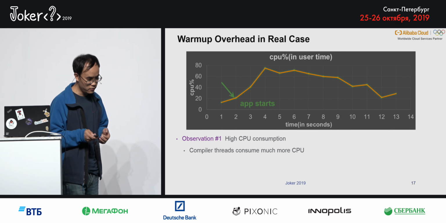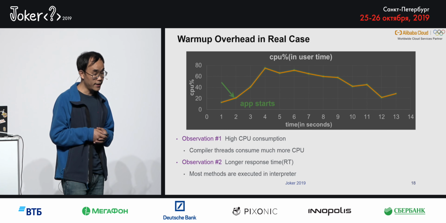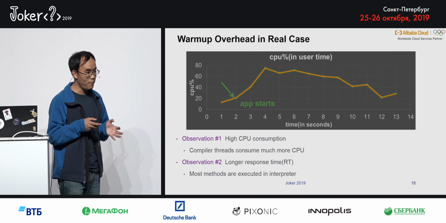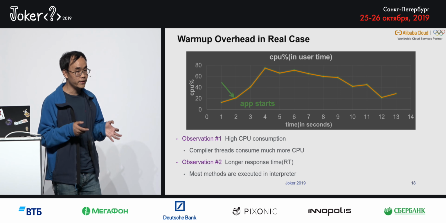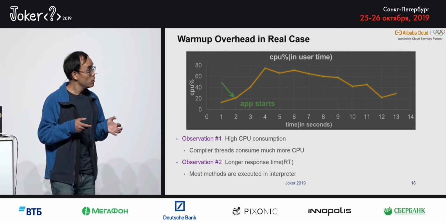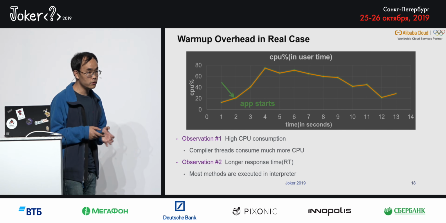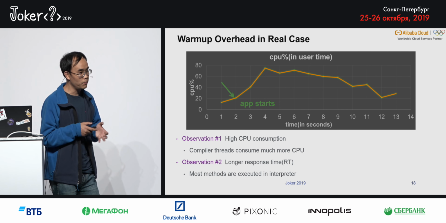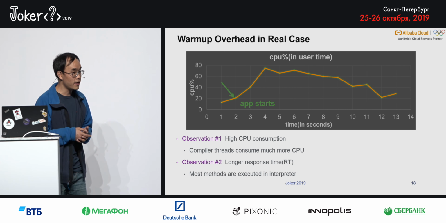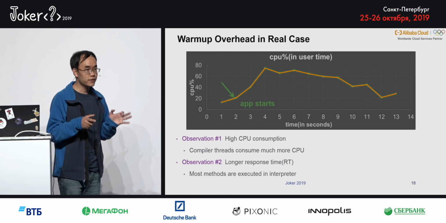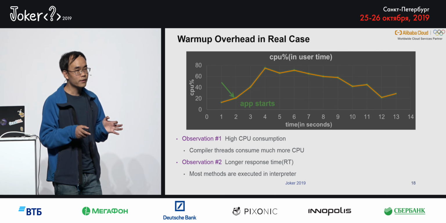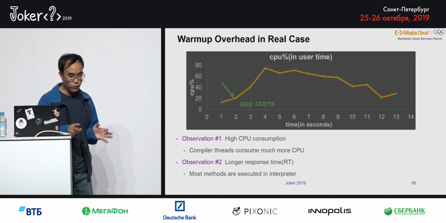The second observation is that most methods at the beginning are executed in the interpreter, and the interpreter is very, very slow, so our application might suffer from much longer response times. During warm-up, in some situations, we saw lots of timeout problems.